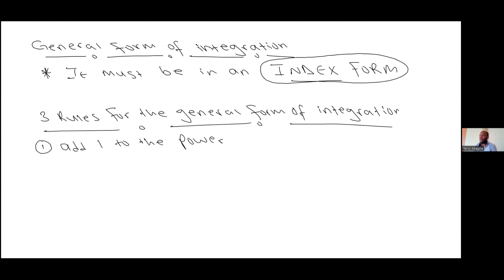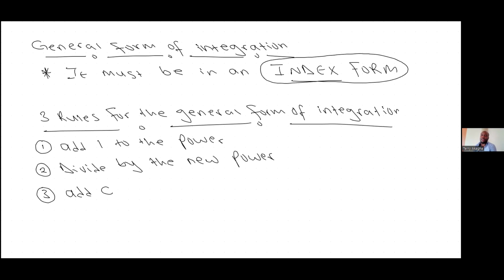The next thing is that you divide by the new power. And number 3 is you then add C.